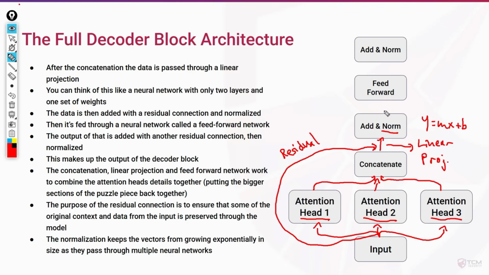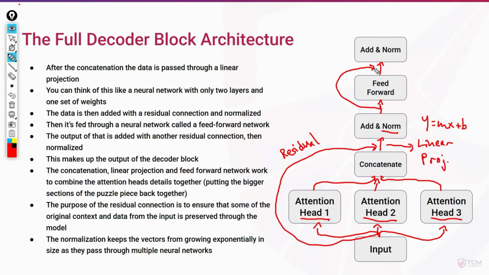After that, we pass the data into what is called the feed forward network. This is just another neural network that can learn and help combine all of these attention heads together properly, so it combines their context properly. Then we pass this into another add and normalization, where this is our residual connection.